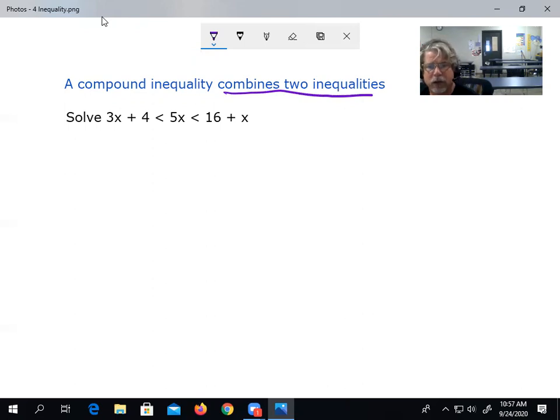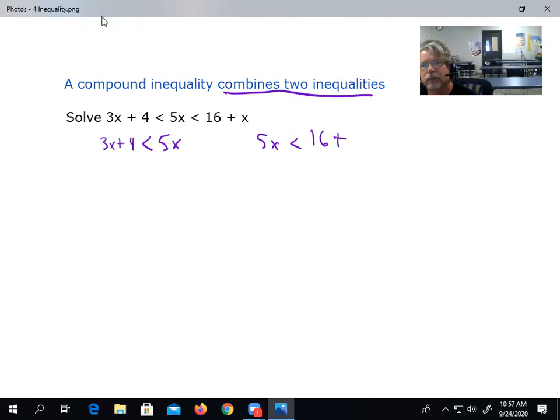If I want to solve it, I can break it apart as two different inequalities. 3x plus 4 has to be less than 5x. That's one of them. And the second one is that 5x has to be less than 16 plus x.